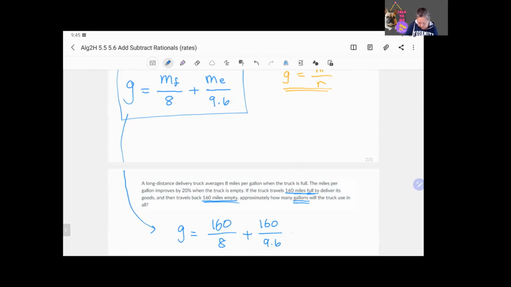So in this case, it's approximately 37. This is the approximation that matches the closest answer choice from the actual problem, from 5.5.